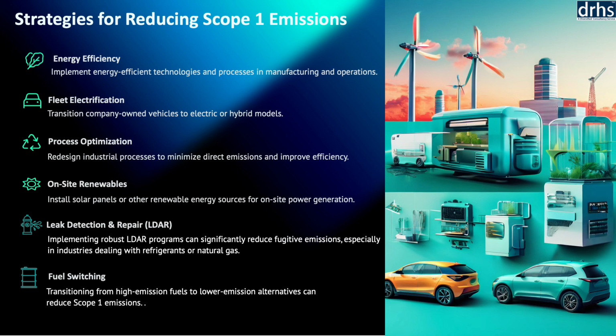Implementing these strategies requires a comprehensive approach, including conducting a thorough emission audit, setting science-based reduction target, investing in technology and infrastructure, training employee and changing operational practice, and regularly monitoring and reporting progress. By adopting these strategies, the company can make significant progress in reducing their scope 1 emission, aligned with the global efforts to mitigate climate change and achieve sustainability targets.